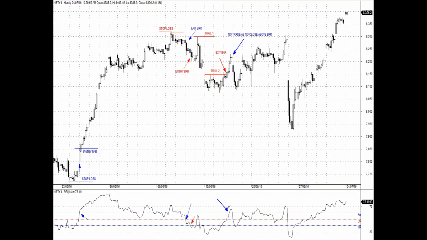Then here the RSI again breaches the 60 level. Here we set our entry bar. We set our entry above the high of the bar. On that day, the price doesn't cross above the high of the bar, so there is no trade. RSI moves down again, so we are not taking any trade.